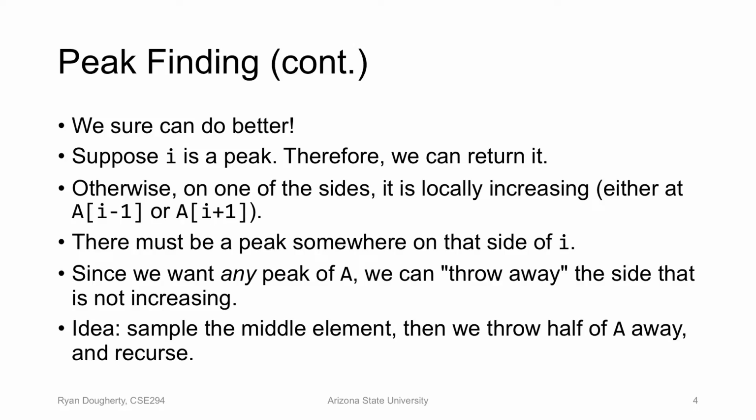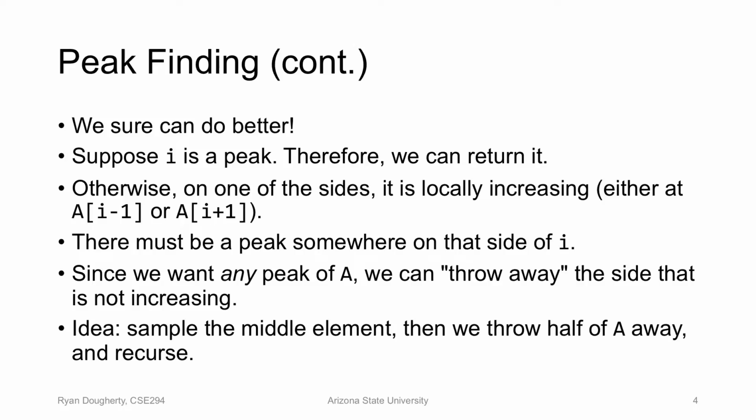We look at the middle element. Either it's a peak or it's not. If it's a peak, then we can just return it. If it's not, then we survey the two elements next to it. Either it's strictly less than both of them, or strictly less than one of the two sides, because those are the only two possibilities.